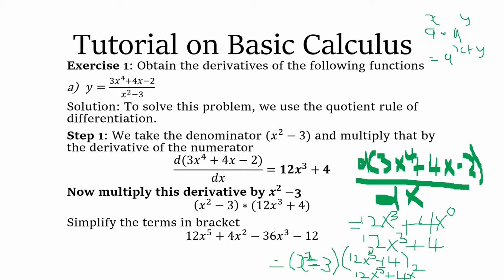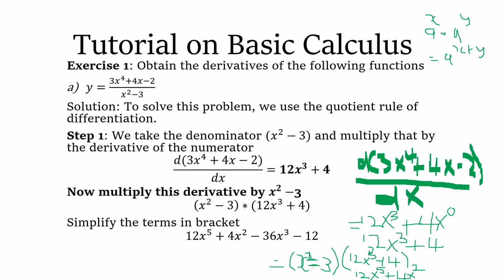Now we are going to take this second term, minus 3. We are going to multiply minus 3 by each of the terms in the second bracket. Now, we say minus 3 times 12x to the power 3. Minus times plus is minus.